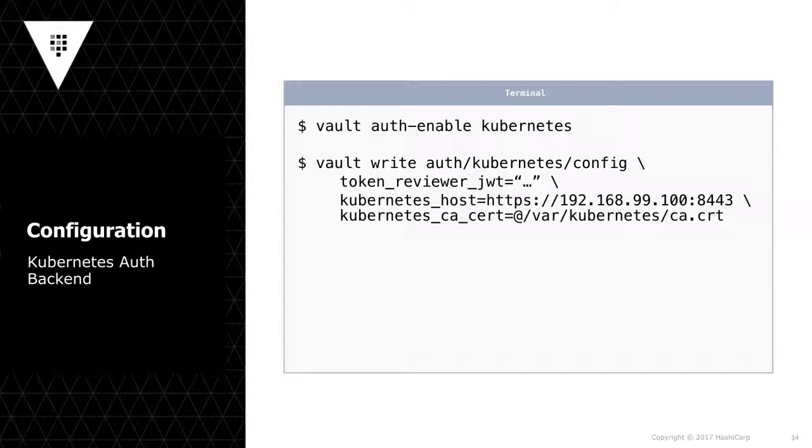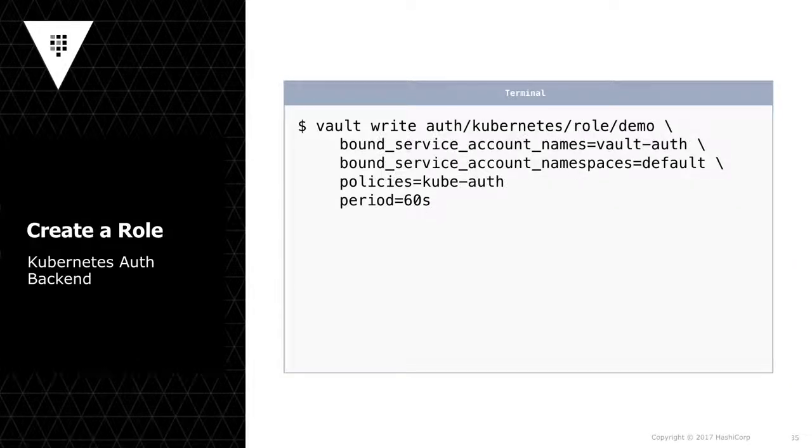So this is telling Kubernetes that we have an identity of someone who's allowed to validate other tokens. If you're using RBAC roles, this token has to be able to access the token review API. We also pass it the Kubernetes host and the Kubernetes CA certificate so that we know where the Kubernetes API lives.